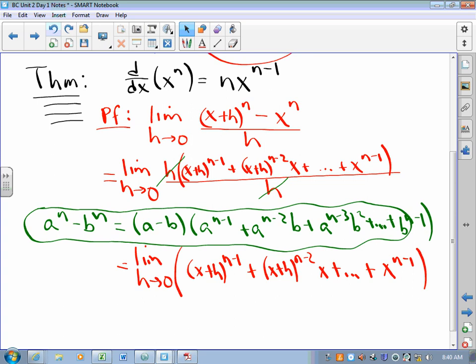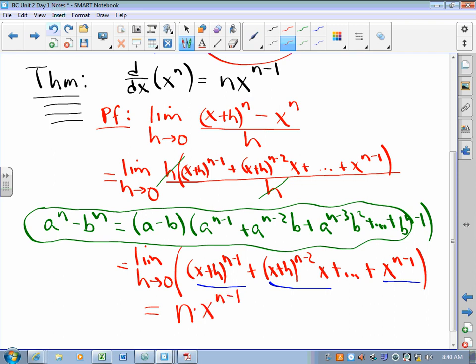As h gets closer and closer to 0, this is x^(n-1), this is x^(n-1), this is x^(n-1). They're all x^(n-1) if h gets closer and closer to 0. How many are there? There are n of them. And so you get n times x^(n-1).